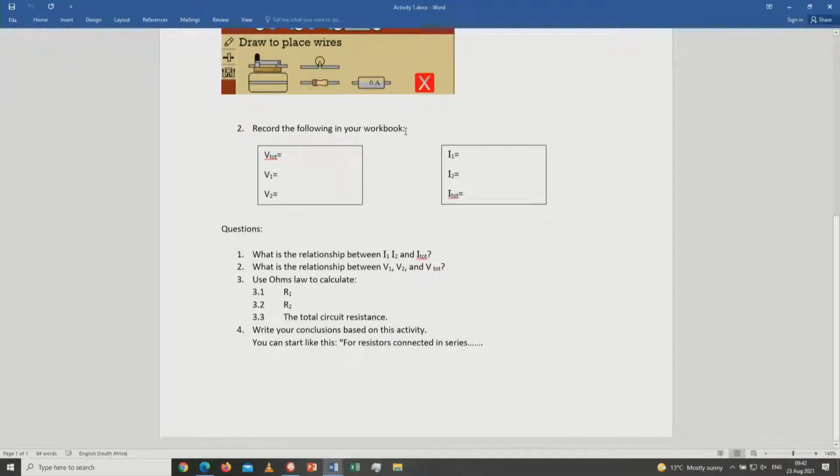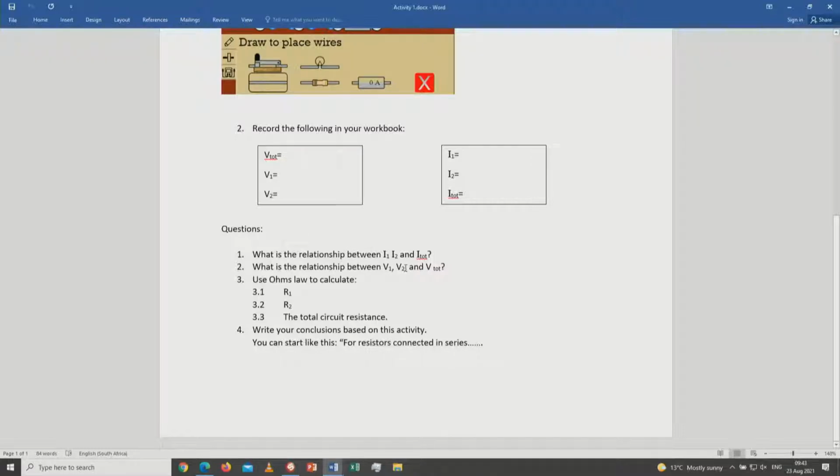Now, the learner will be expected, after setting up the circuit, to record the following: the total voltage, the voltage across resistor 1, voltage across resistor 2, the current through resistor 1, the current through resistor 2, and the total current. And then there are questions that learners can answer there.